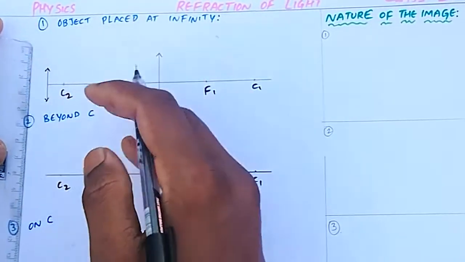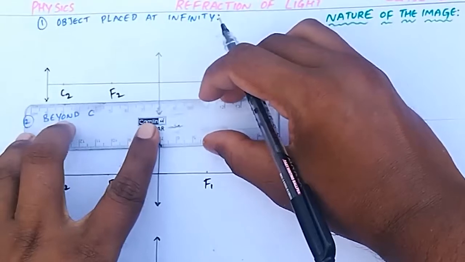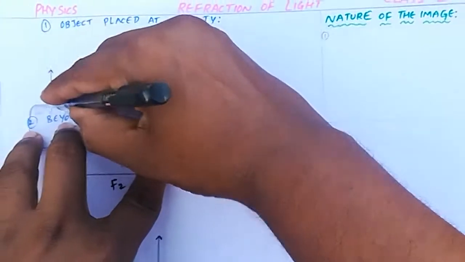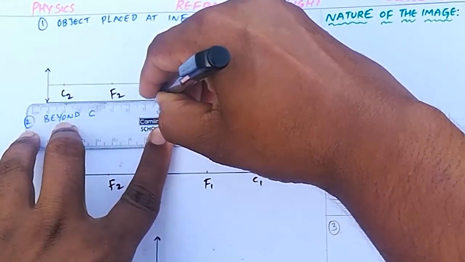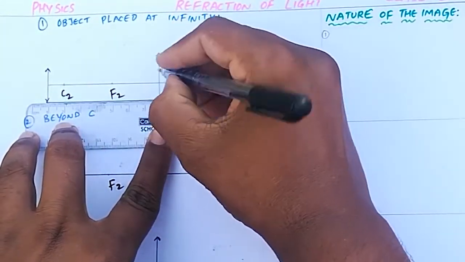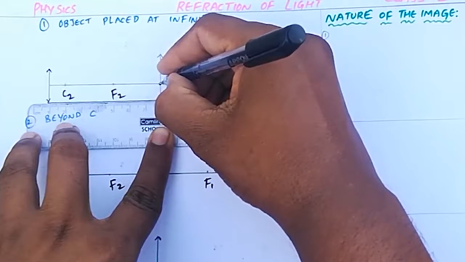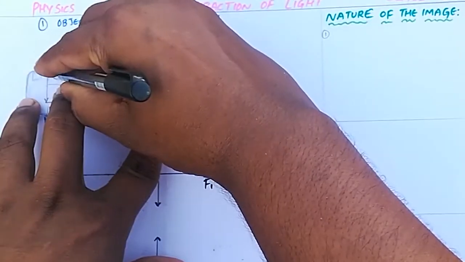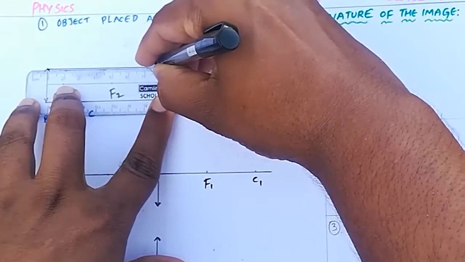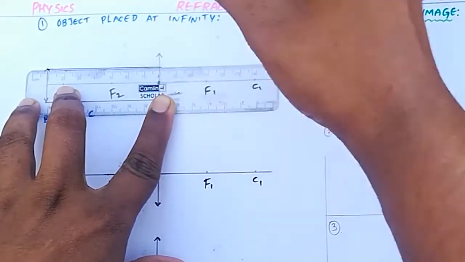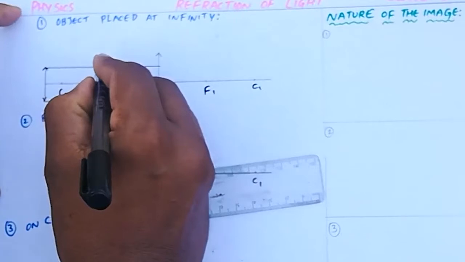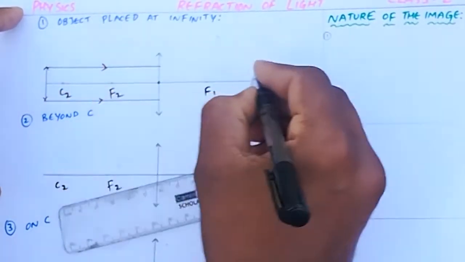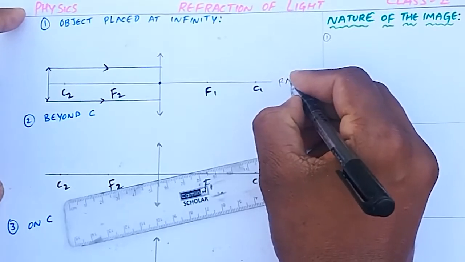We need to draw the horizontal line from the top and bottom of the object towards the lens. So this is the optic center. These are the incident rays which are parallel to the principal axis. So this is the principal axis.